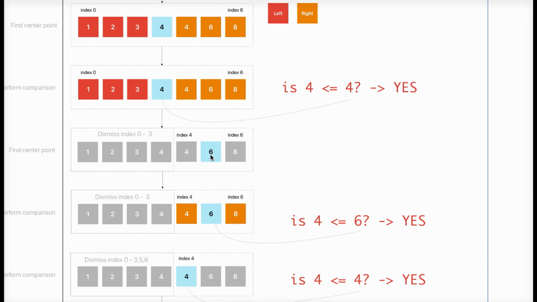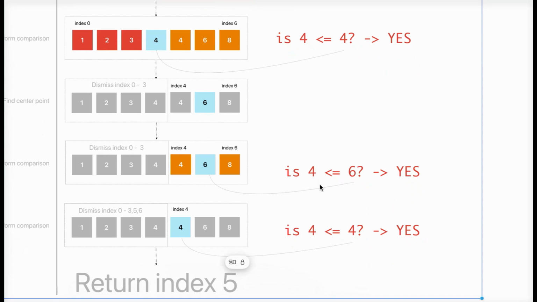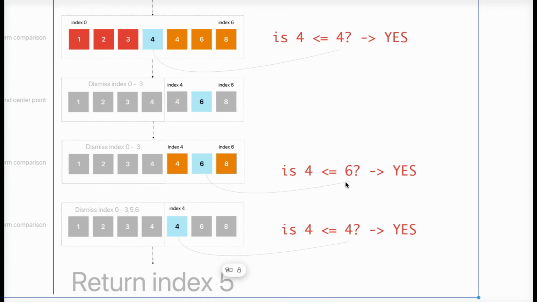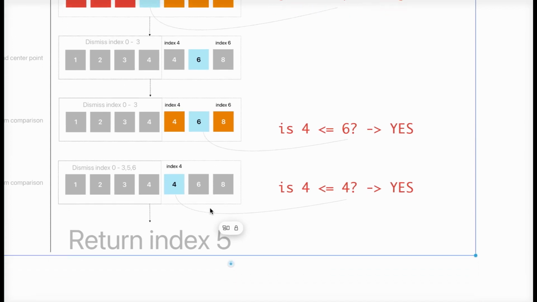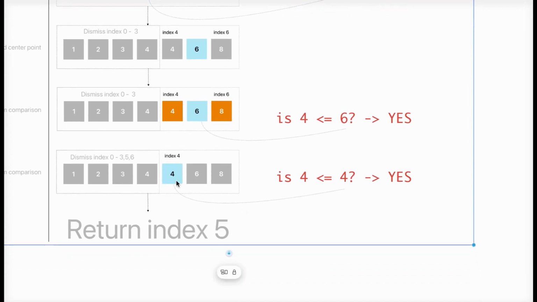Then we compare the center, which is 6, and see if 4 is less than or equal to 6. The answer is yes. Therefore, we ignore the right side because we know the list is sorted. So the right side of 6 is going to be obviously higher than 6, if not equal. So we proceed to the left and compare what we got on the left side with our item, which is 4, and the answer is yes.